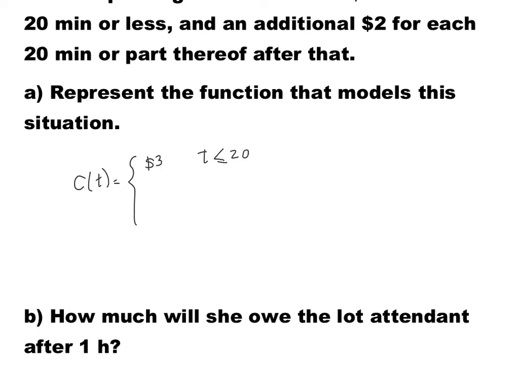Then when the time goes an additional 20 minutes, meaning between 20 and 40 minutes, the cost is $2 extra, so it's going to be 3 plus 2, which is $5. And if the time is between, let's say, 40 minutes and 60 minutes, then it's going to be $2 plus $5, which is $7. So this is our function for the first hour.